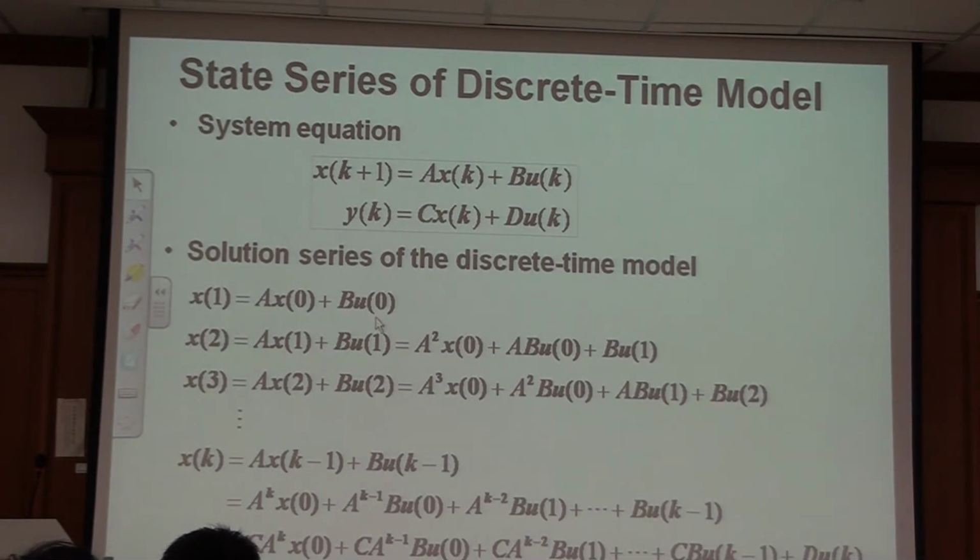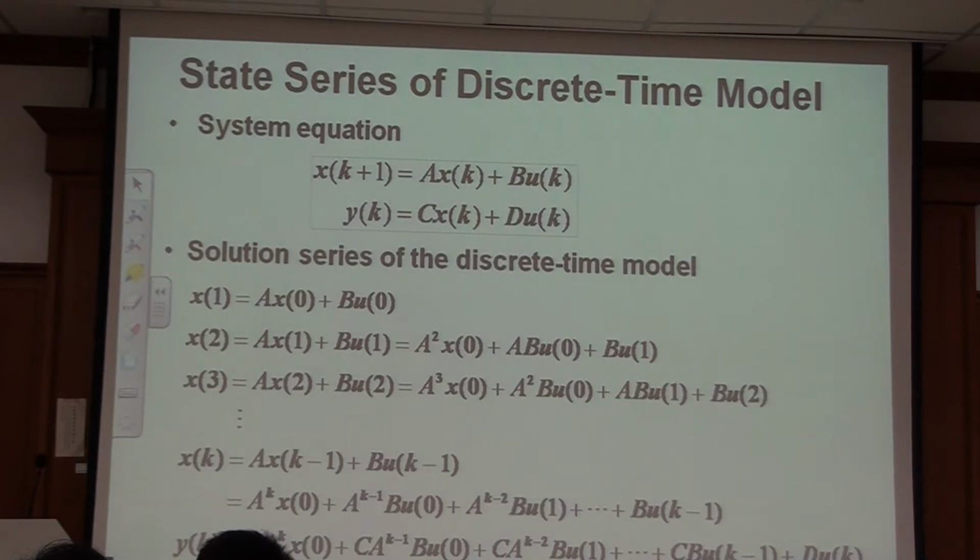Then you can just sub into your equation like this. Then you say x1 equals ax0 plus bu0. And if you know a sub g equals cosine omega t or sine omega t, you just sub in here. And now this k equals 0, that's your initial time, right?